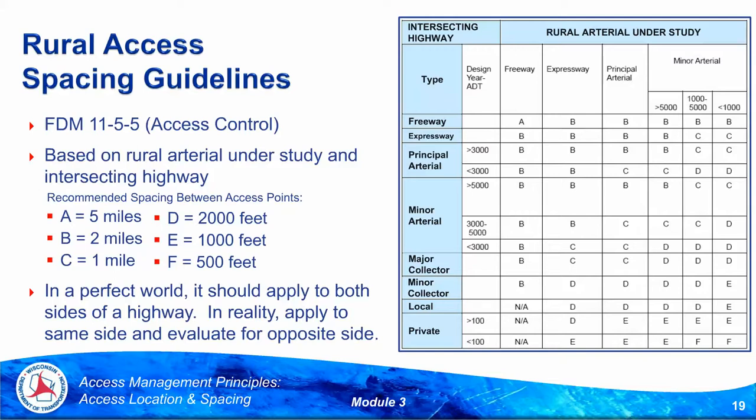Generally speaking, the distances in this table are based on a 55 mile an hour design speed. So when we do consider exceptions, we take that into consideration as well. But this is where we start. I think generally, at least right now, most of our new driveways and new designs would follow that table pretty closely.